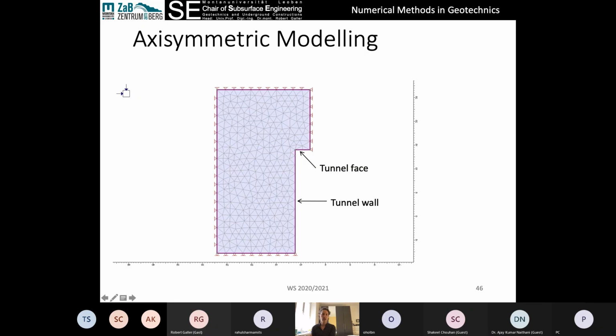This is a nice way then, if you only have access to 2D numerical modeling software, or you don't have the resources in your project to go to a full 3D model with all of its complications. This is a nice way of looking at tunnel face behavior using a 2-dimensional model.